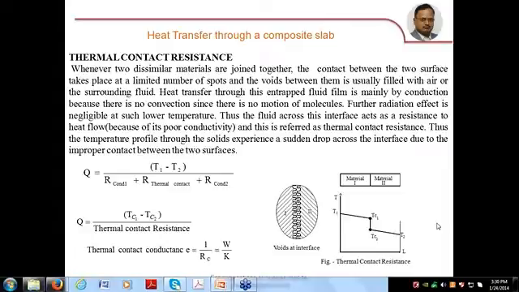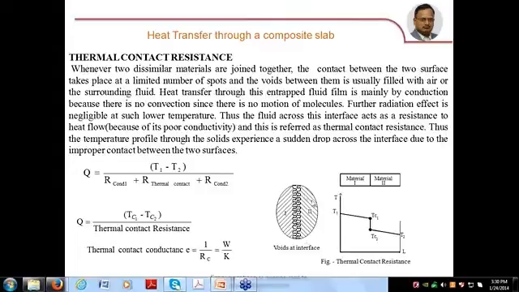And this void space between the two contact surfaces is usually filled with air or the surrounding fluid, and thereby these entrapped gases between the two surfaces arrest the conduction heat transfer, because the conductivity of a gas is much less than the solids.